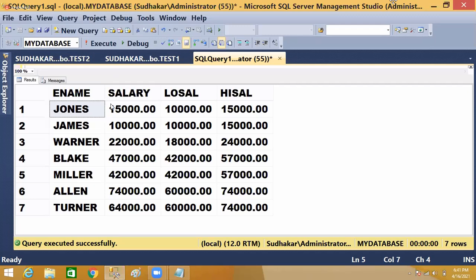Now we can see the first employee, Jones, salary 15,000. Tell me, guys, does this Jones employee's 15,000 salary come between low salary and high salary? Is it satisfied? Jones's salary of 15,000 is between low and high salary. So your condition is true or false?